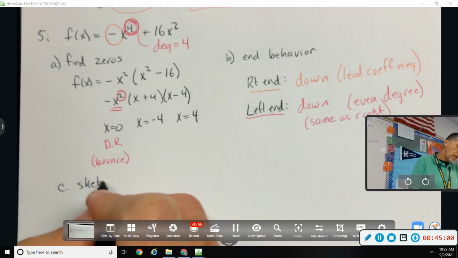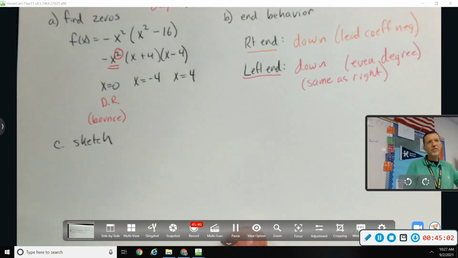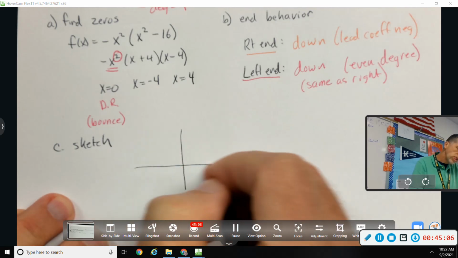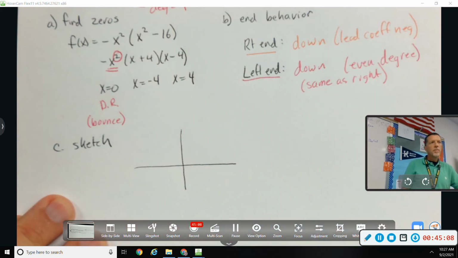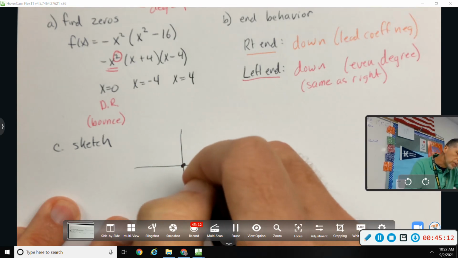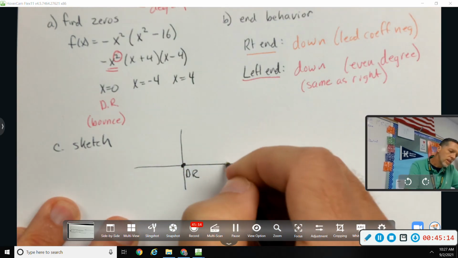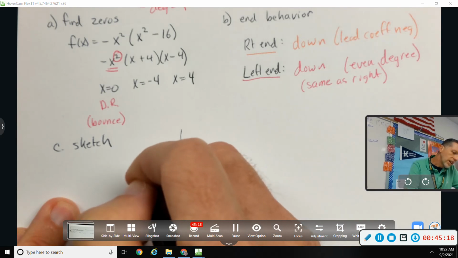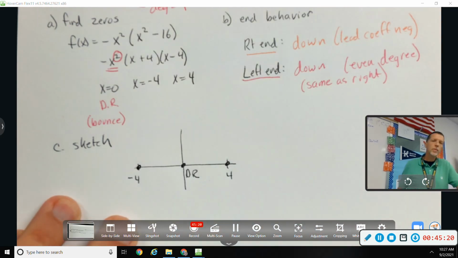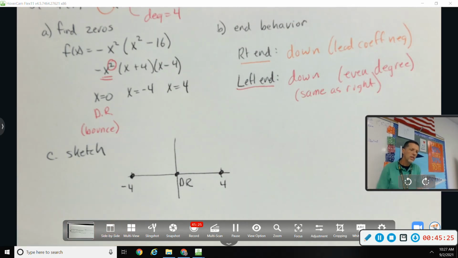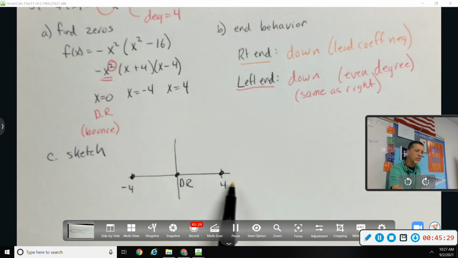Now let's sketch a graph. So we have a 0 at 0. That's a double root, so that's going to bounce. A 0 at 4, and a 0 at negative 4. The right end is going down, so after we go through 4, we've got to be going down.